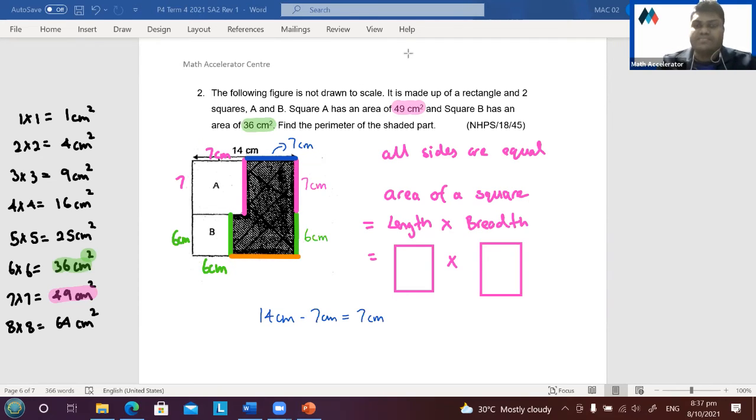What's the length? This part here is 14 cm minus off this little 6 cm here. You will get 8 cm. Okay.